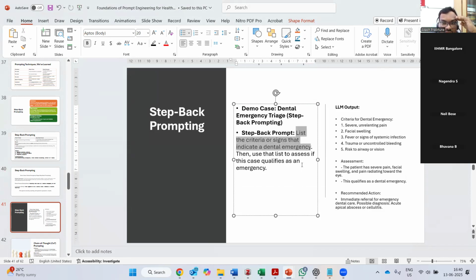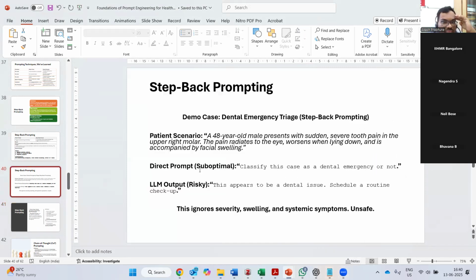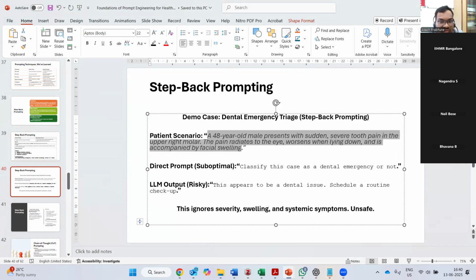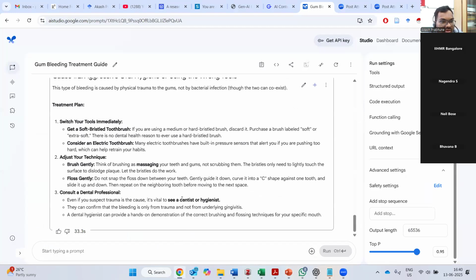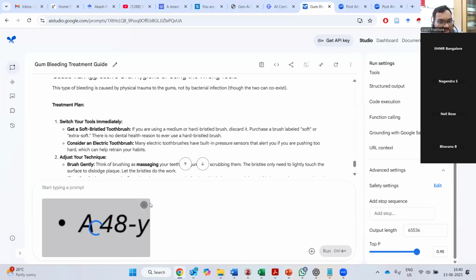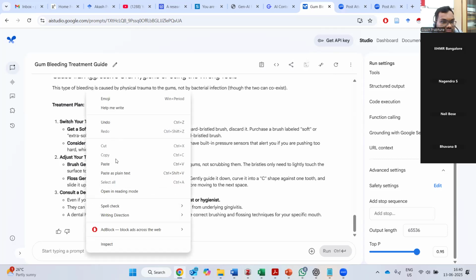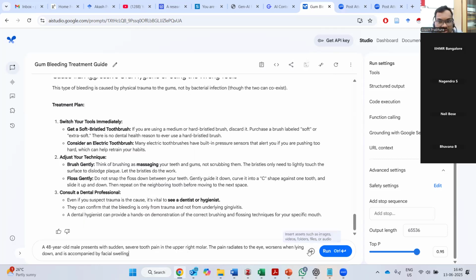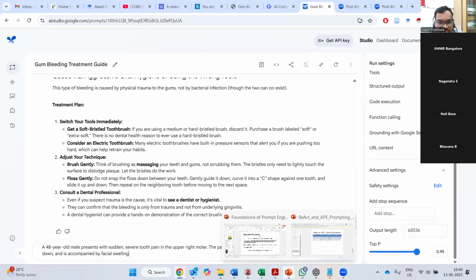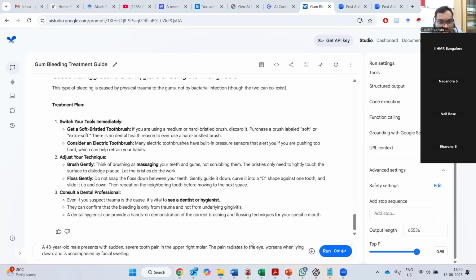What you can do, I already copied it somewhere. Okay, this is my case. Let me put that case into my engine. Okay, hopefully I'm still visible on this.